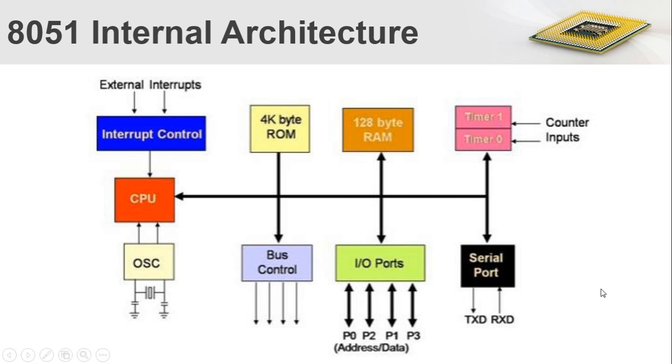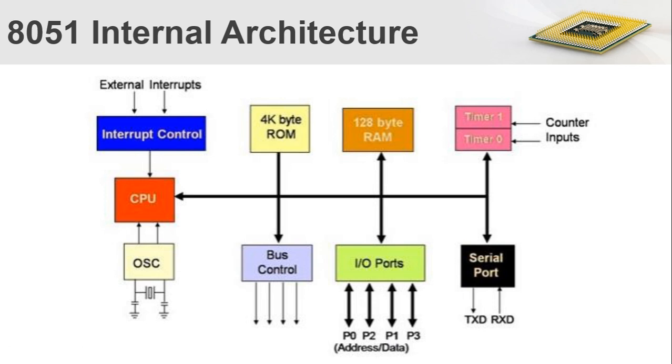So this P3 port also supports serial data transmission. And different ports like P0 and P2, these two ports are used for transferring IO information as well as address information. And this P1 port is a dedicated IO port.